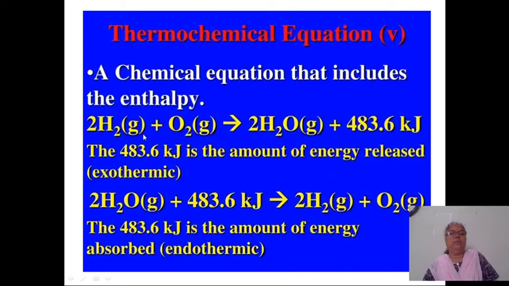For example, we have H2 gas plus O2 gas, and in the combination of H2 and O2 gas we have H2O in the form of gas, and the enthalpy of this reaction is given by 483.6 kilojoule. This much amount of heat is the amount of energy released. That is, this reaction is exothermic.